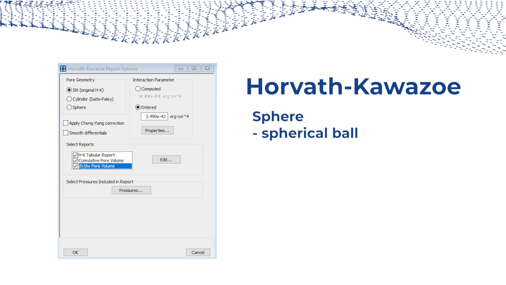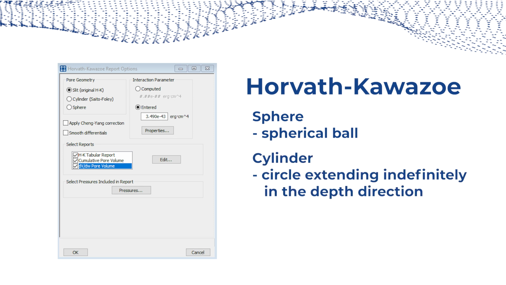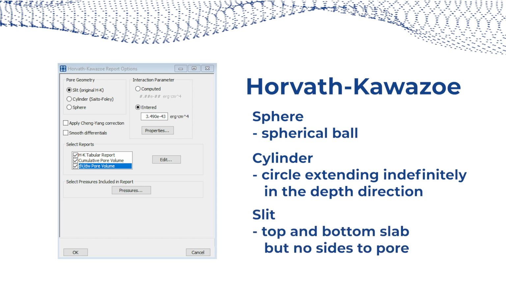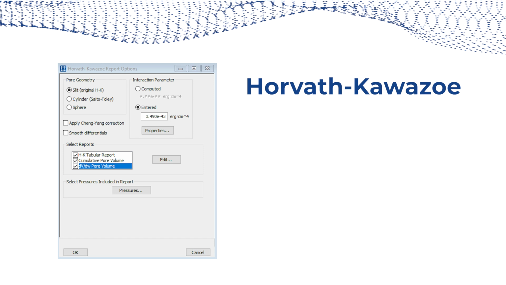Spherical pore geometry is just as you would imagine it, a spherical ball. A cylindrical pore can be envisioned as a circle extending indefinitely in the depth direction, and then slit-shaped pores are those in which you have a top slab and a bottom slab, but there's no sides to the pore, and it extends indefinitely in the depth direction as well.